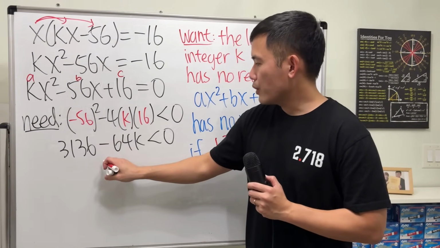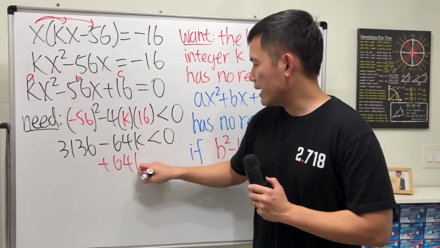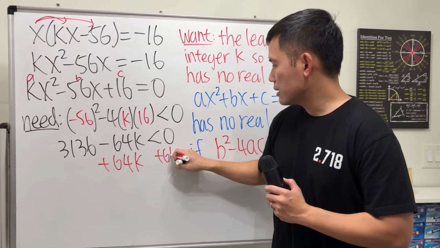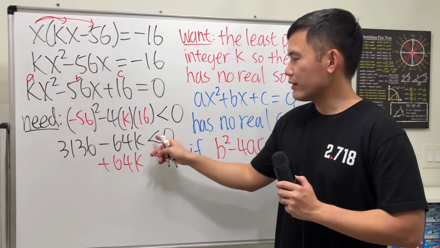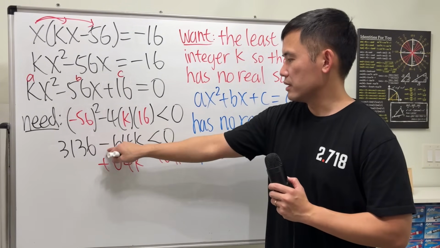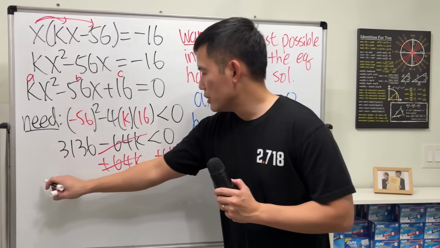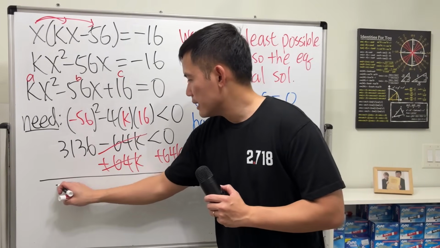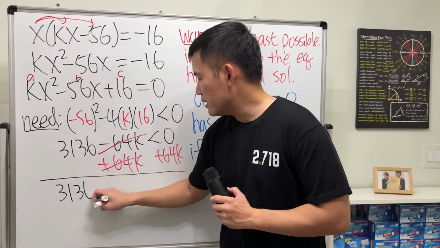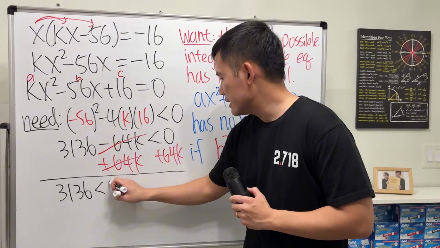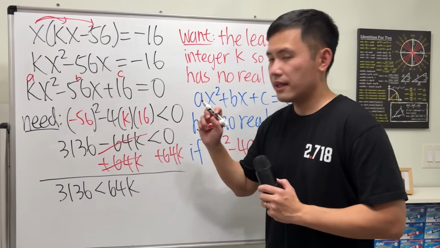Now, I'm going to add 64k to both sides. This way you don't have to worry about flipping the inequality because of dividing by a negative. If you're just adding this to both sides, just make sure you keep it like this. 3136 is less than 64k.